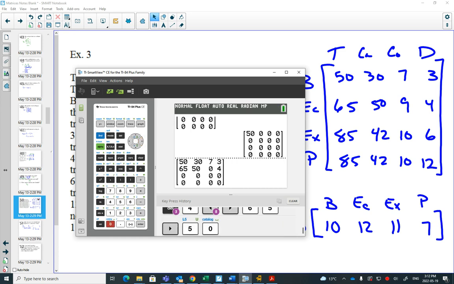Perfect. 50 over. 9 over. 4 over. That works. 85 over. 42 over. 10 over. 6 over. 85. 42. 10. 12.